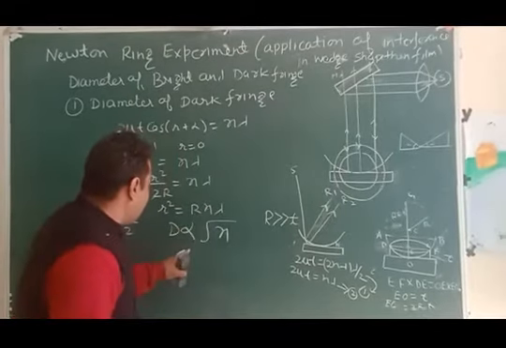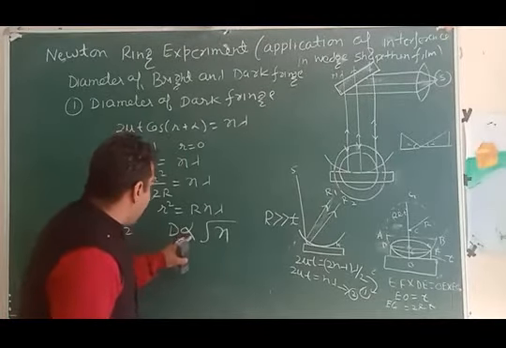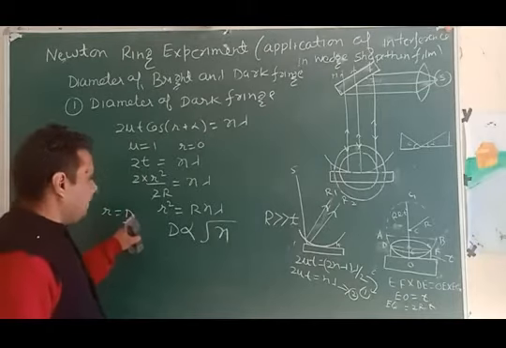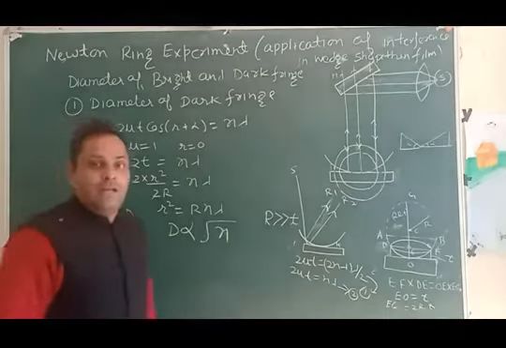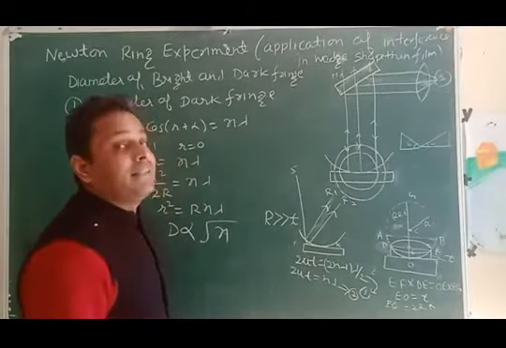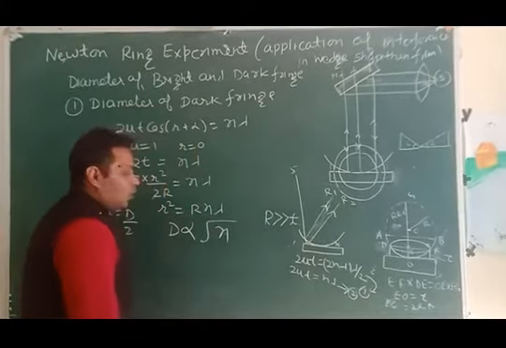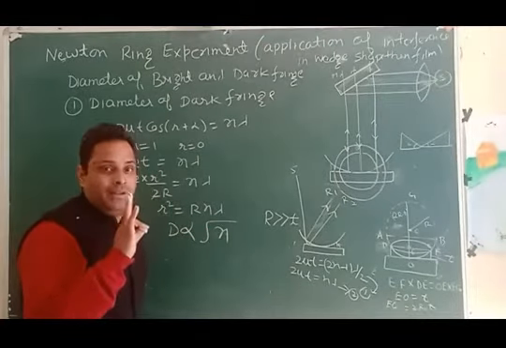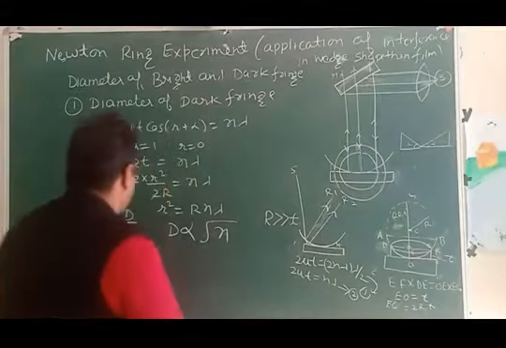By solving, replacing r by d by 2, where d is the diameter, the diameter of the ring in case of dark fringe is proportional to the square root of the natural number. Understand?